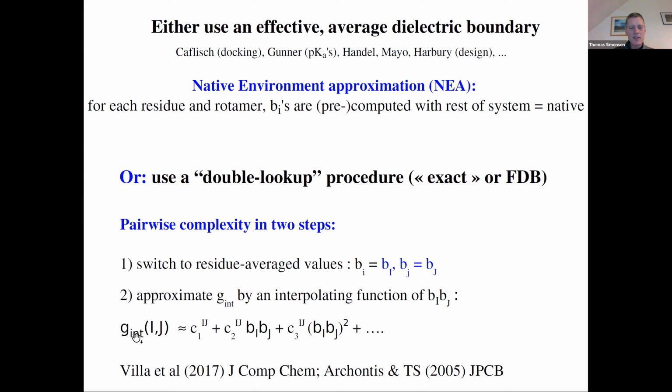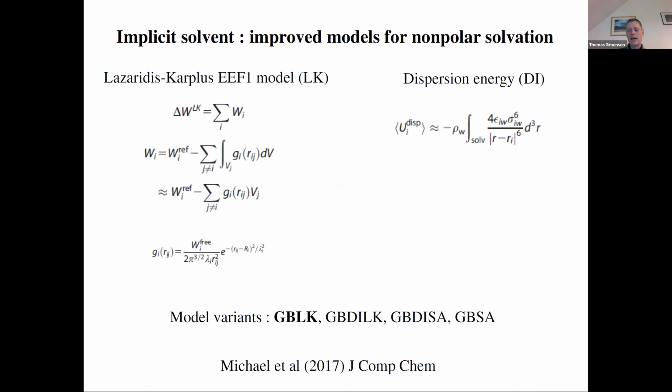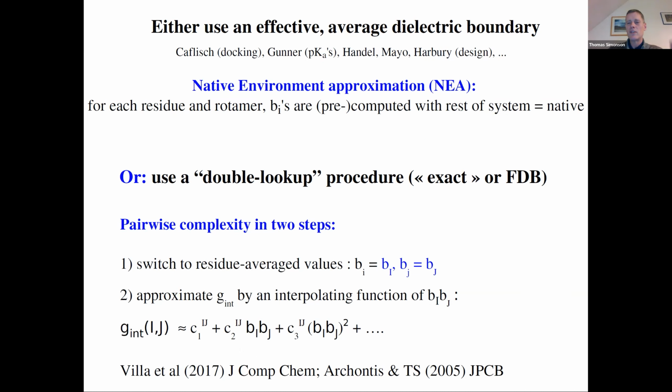The only point I make is that for the GB interaction, we express it as a power series relative to the solvation radii, and these coefficients can be tabulated. So we have a double lookup procedure where during Monte Carlo, we work out the solvation radii and look up these coefficients. So we're back to a 2D lookup table with a bit of overhead and a slightly increased cost. And Proteus is the only tool that has the many-body GB character.